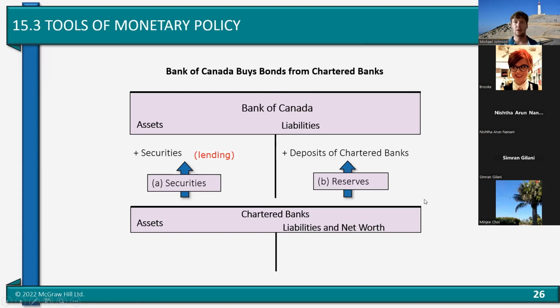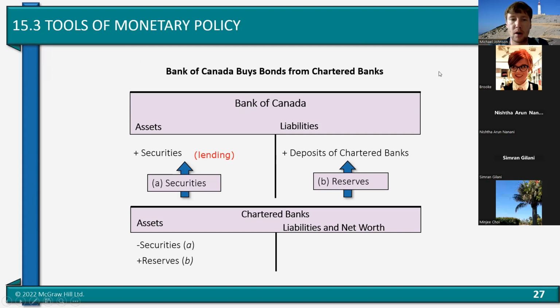And then deposits of charter banks' reserves go up. So that's how the visual goes. And charter banks' securities go down because they're transferred here, and then the reserves go up.